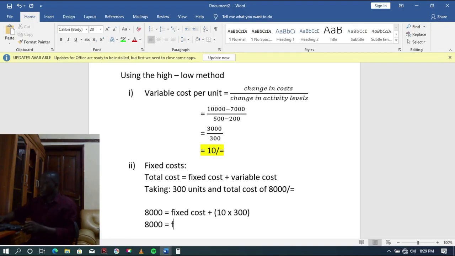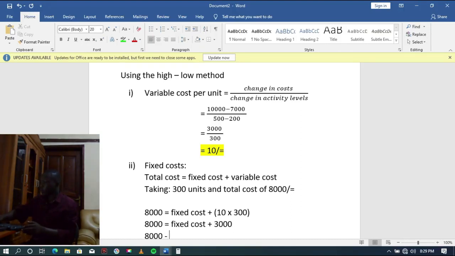That is what we've chosen, the one we highlighted in green. We've decided to go with 300 and 8,000, but we've said you can choose any. For example, you can choose 200 and 7,000, or 400 and 9,000. Whichever you choose will take you to the same total fixed costs of the production process.